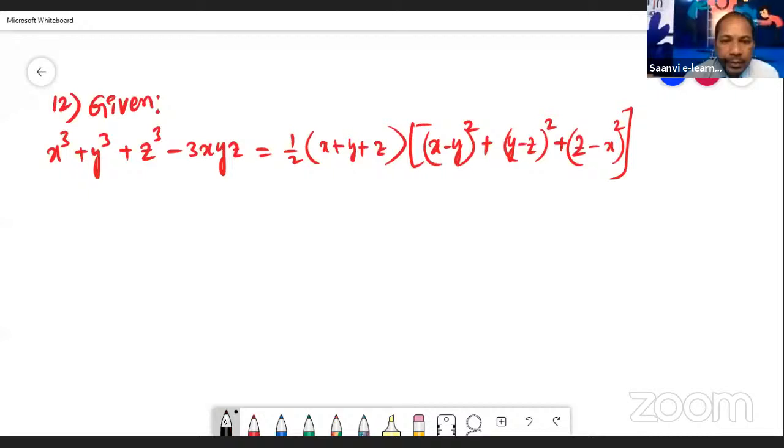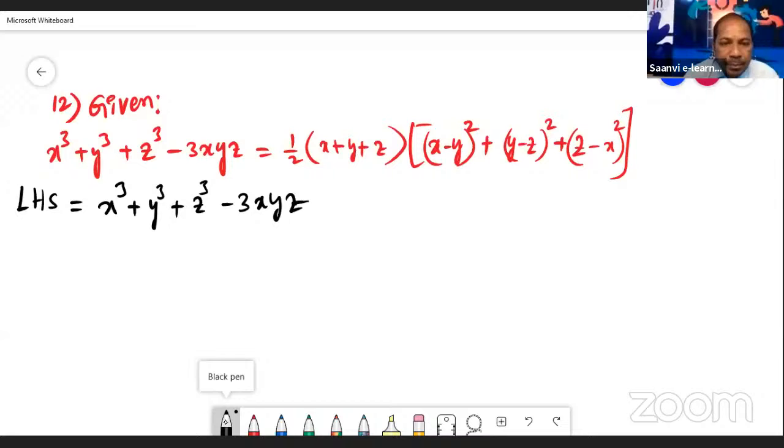So we have to verify whether LHS equals RHS or not. Okay, children. First of all, take LHS. So LHS is what is given? x cube plus y cube plus z cube minus 3xyz. Okay. And next take RHS.